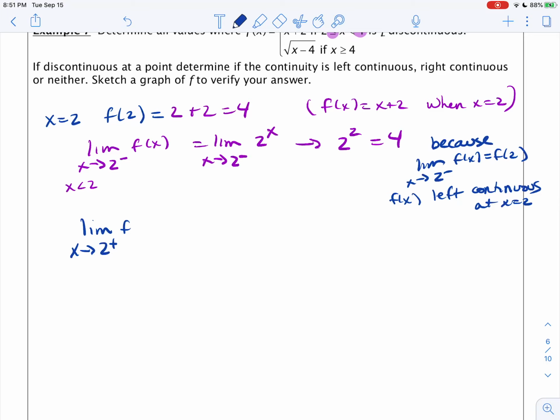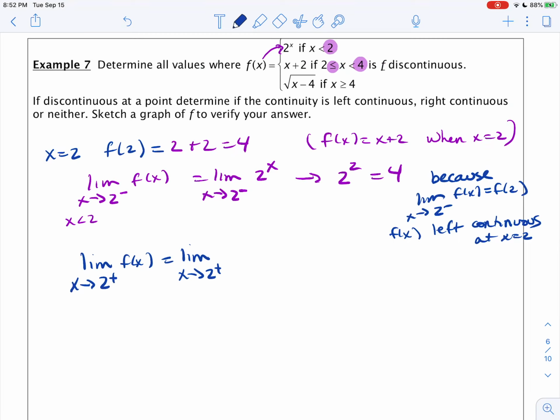So what is the limit as x approaches 2 from the right of f of x? We're only concerned with the values that are very, very close to 2 and not necessarily those bigger than 4, right? And that goes back to the precise definition of the limit. So we're going to use x plus 2 here for f of x because those values between 2 and 4 are closer to 2 than the values for square root of x minus 4, which would be for values bigger than 4.